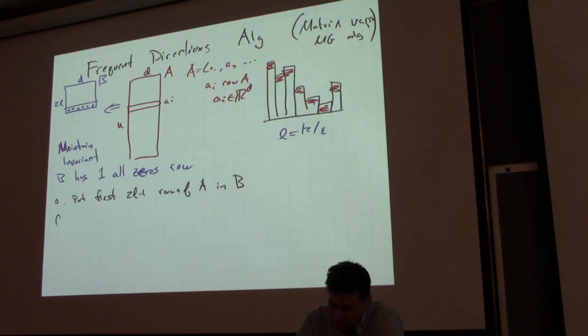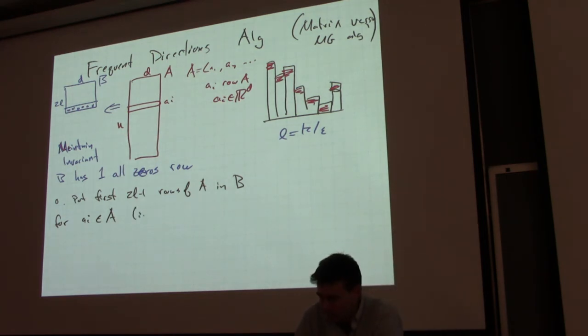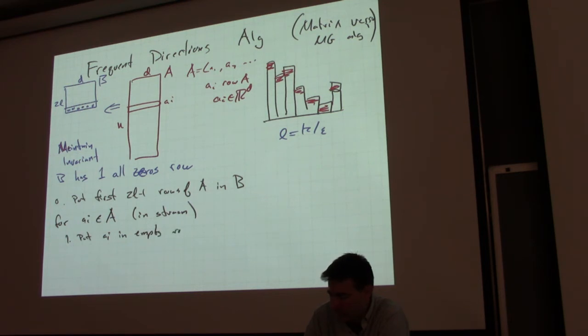Then, for Ai in A, I'm going to cycle through all of the rows of A in a stream, and go through these steps. I'm going to put Ai in an empty row of B. This is one of the all zeros rows that I guaranteed was going to be in there.